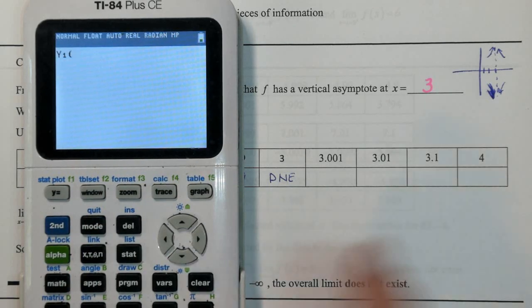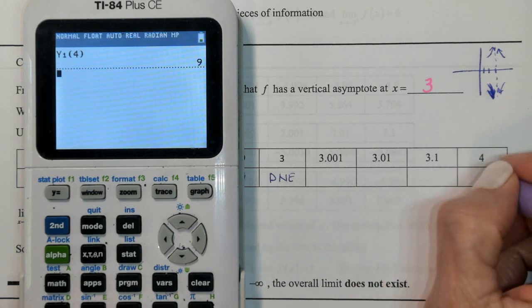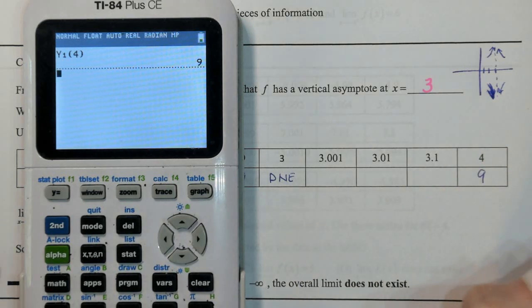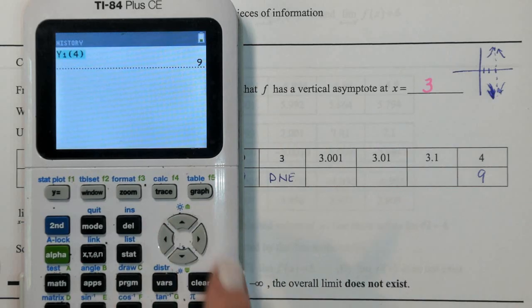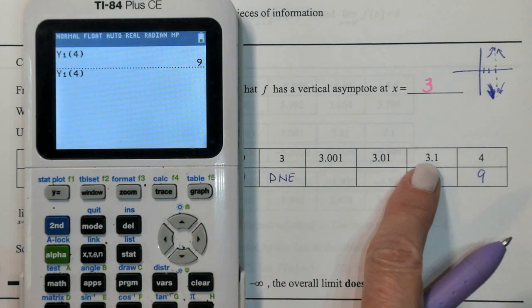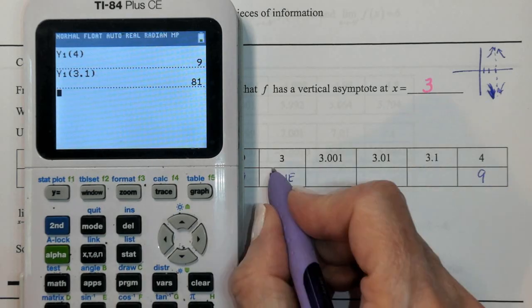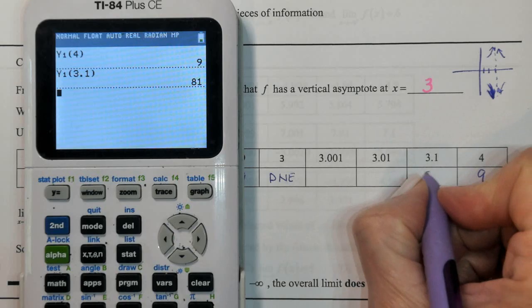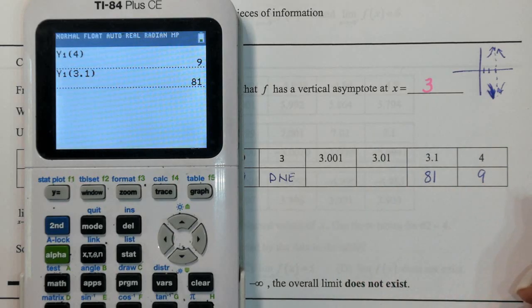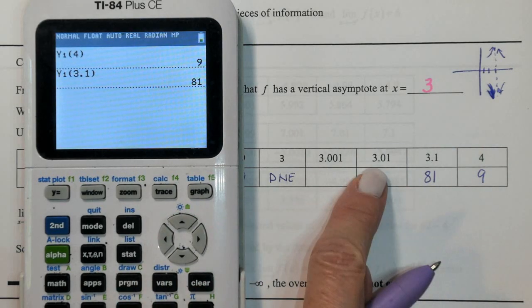y1 at 4 is 9. What about 3.1? 3.1 is much closer to 3, right? Well, we're at 81. What about 3.01?